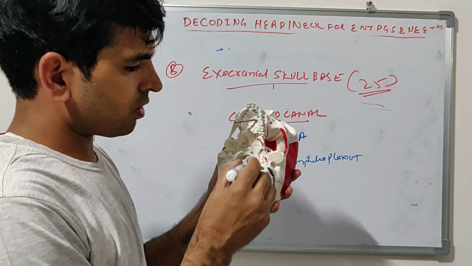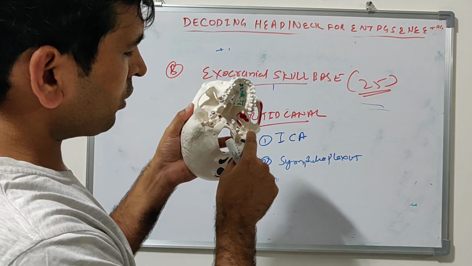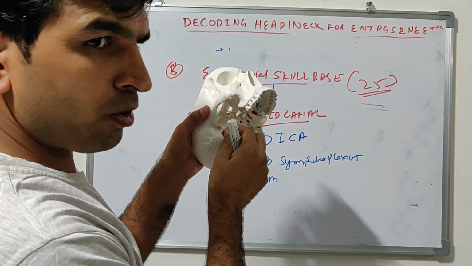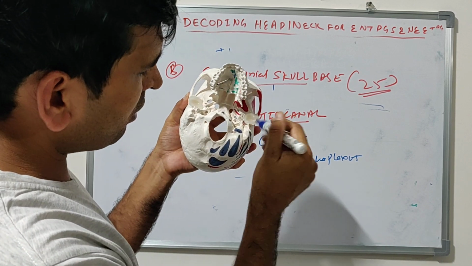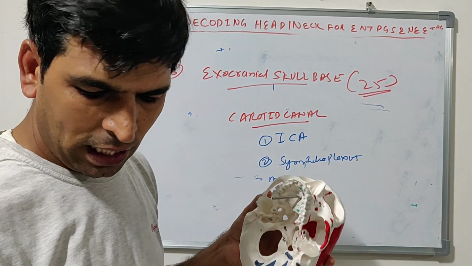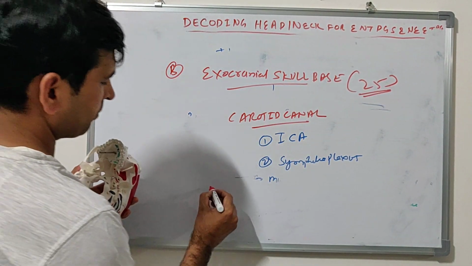Okay, this canal. And if you see this spine, this is the styloid process. Behind this is one foramen called the stylomastoid foramen.